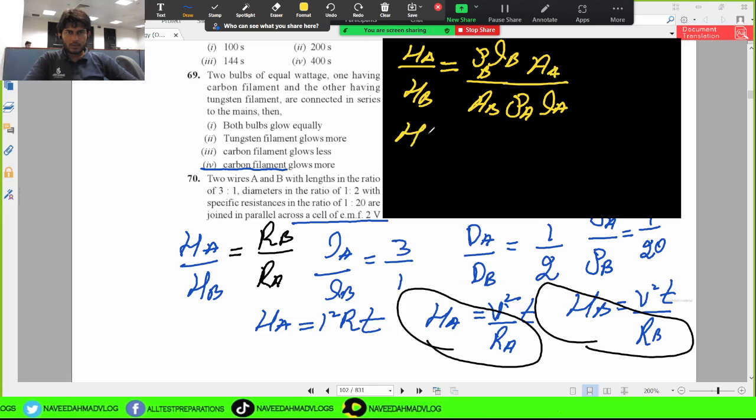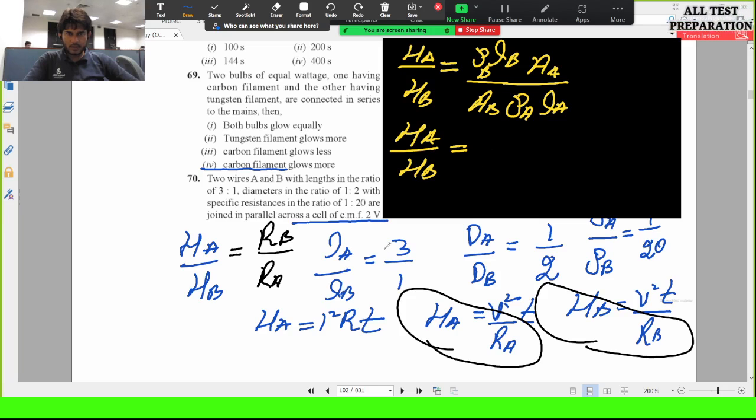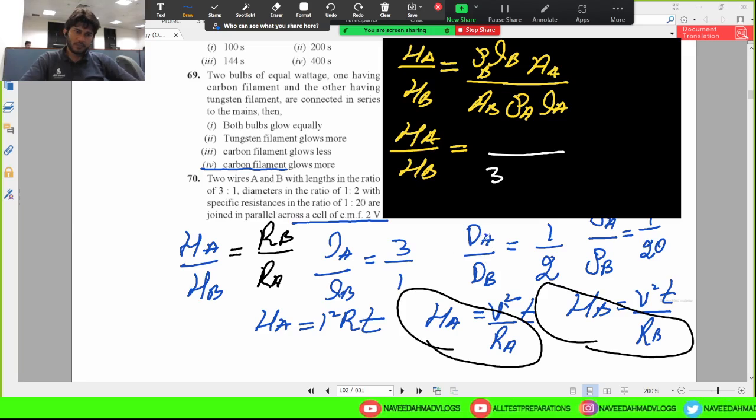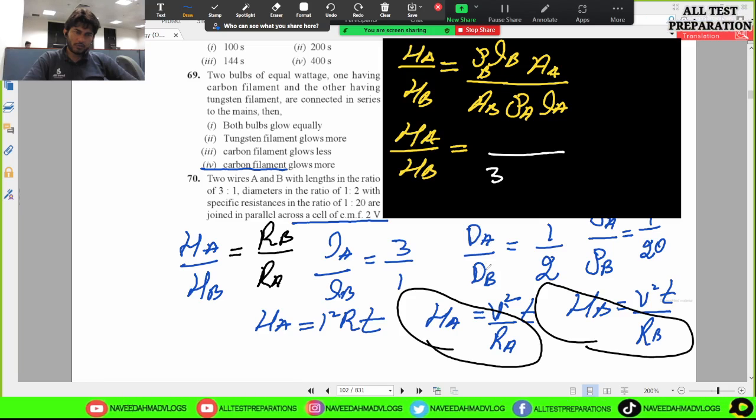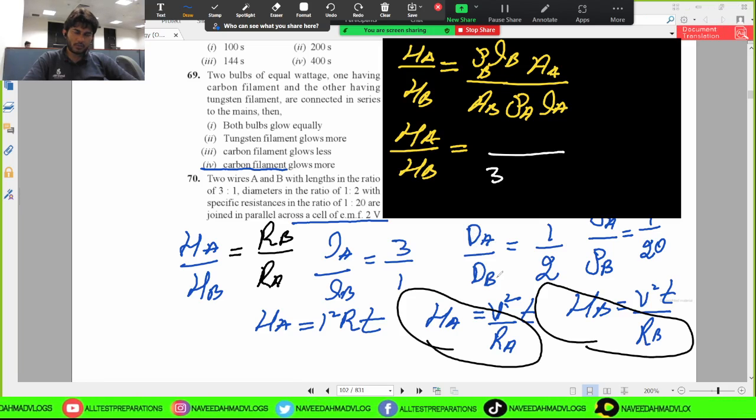So HA divided by HB is equal to LA divided by LB, which is 3 divided by 1, so this 3 will come in the denominator. DA divided by DB is equal to RA divided by 2 over RB divided by 2, so the 2 will cancel, and RA divided by RB is equal to 1 divided by 2.